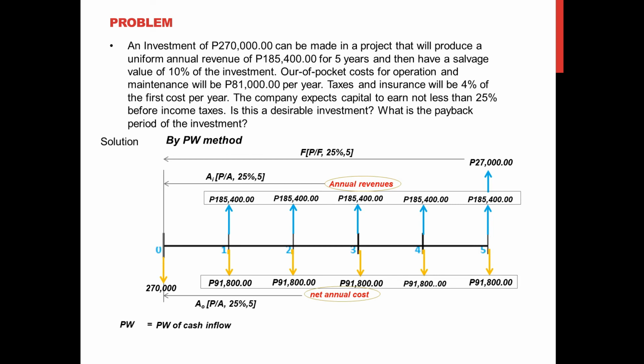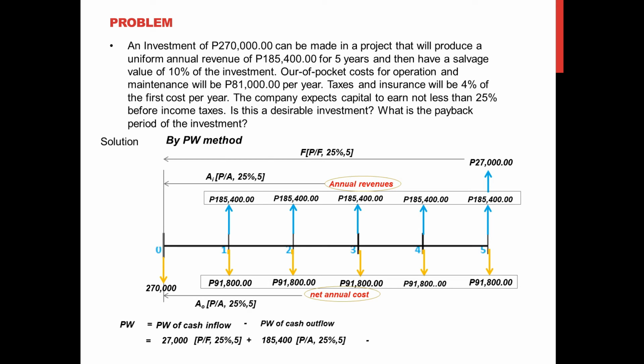So we have the present worth of cash inflow, all of the amounts that are brought to the present with an upward direction. So we less the cash outflow. And then this is equal to 27,000 times finding P given F at 25% at 5 plus the 185,400 annual revenue multiplied by finding P given A 25% at 5.